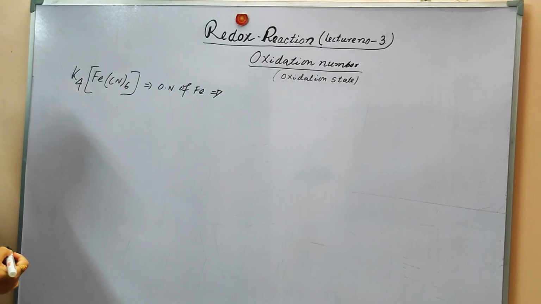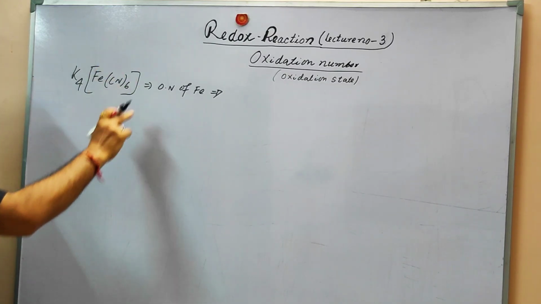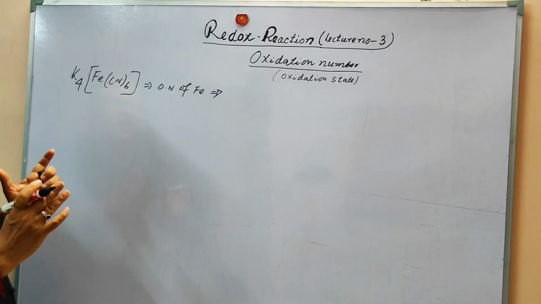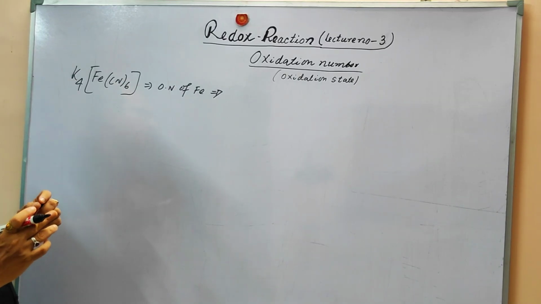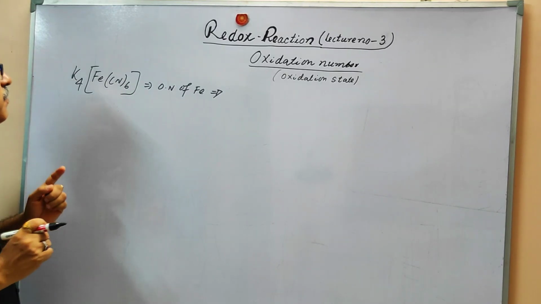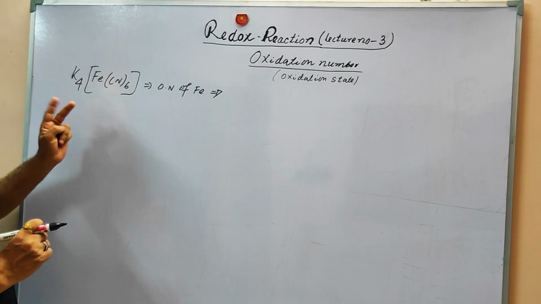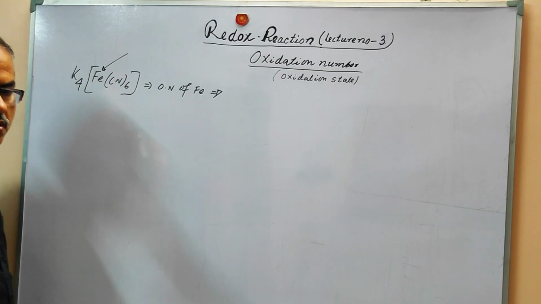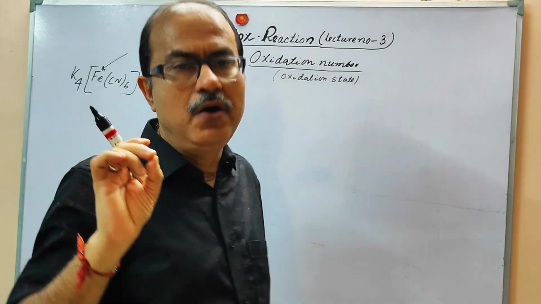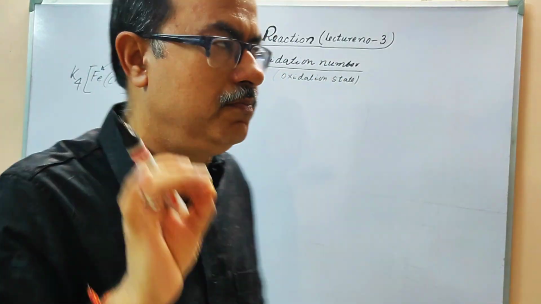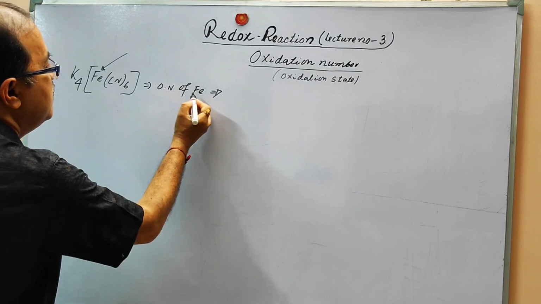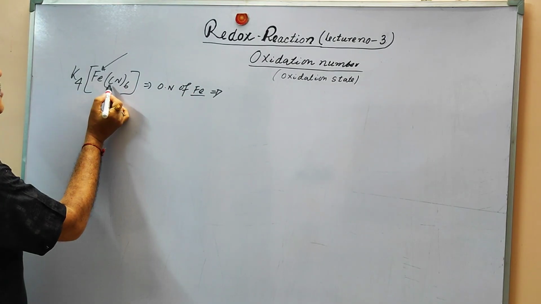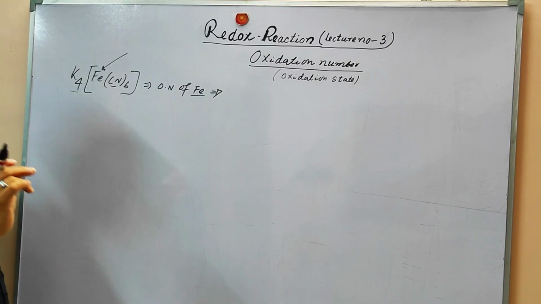This is a neutral compound because it does not have any charge. When you are going to solve this type of problem, you have to find out the oxidation number of one atom, here iron, Fe. So you should know the oxidation number of the other atoms.